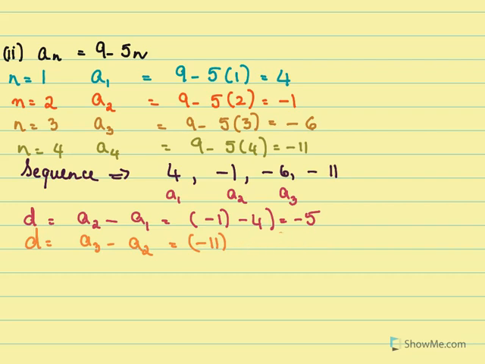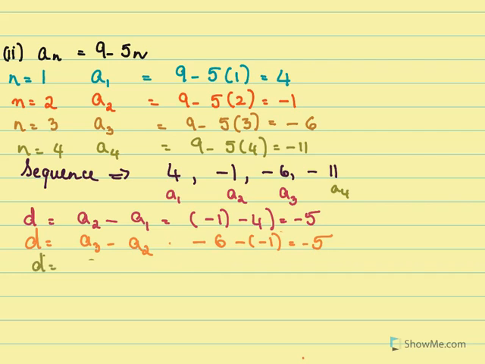So when we are finding d, we'll do minus 6 minus of minus 1, which will also come minus 5. To find the next difference, that is a4 minus a3.